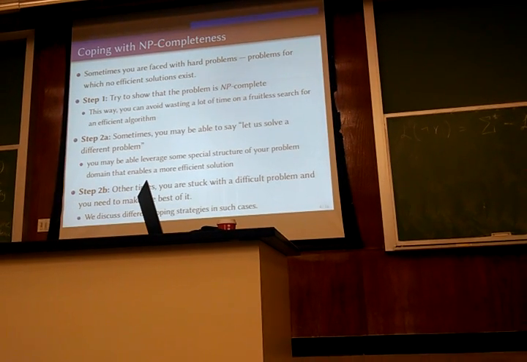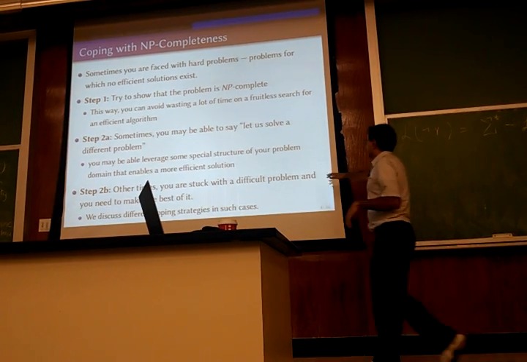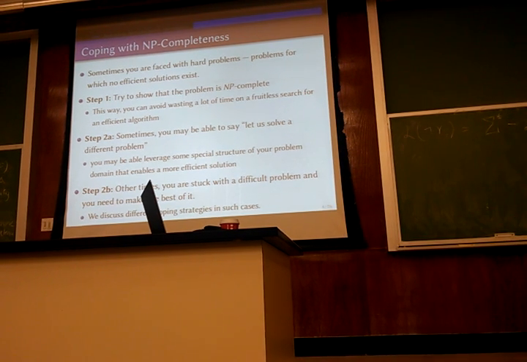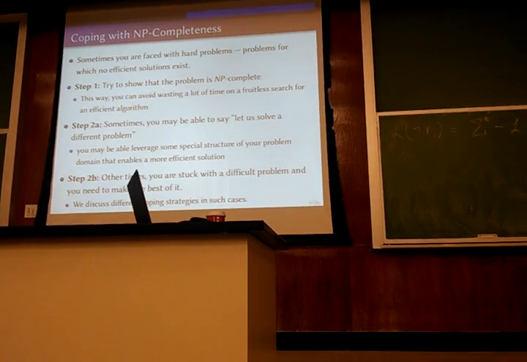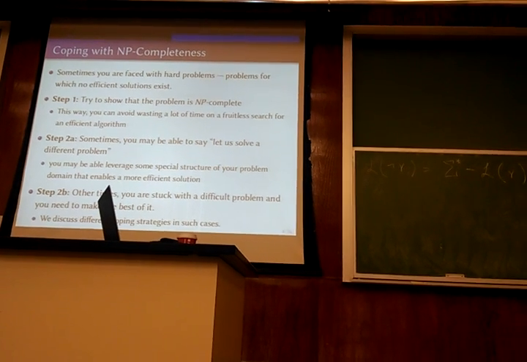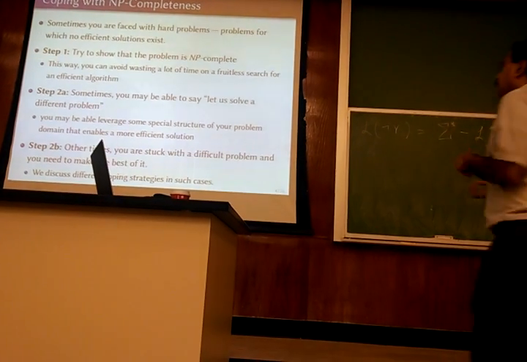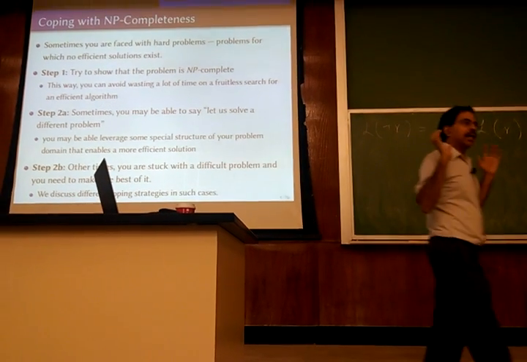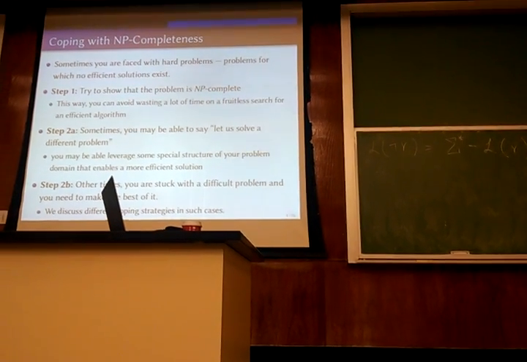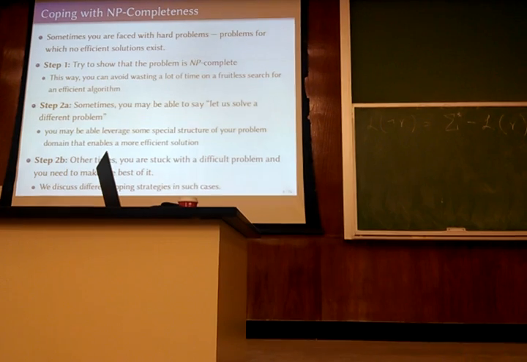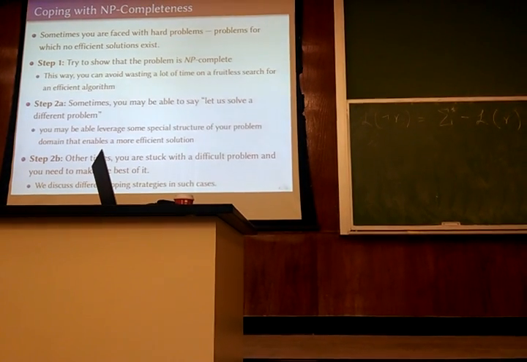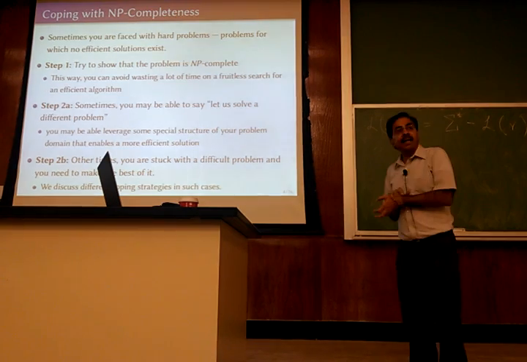Of course, even before you go to that step, you need to ask yourself, do I really need to solve this NP-complete problem, or can I change the problem in some way? Can I simplify the problem? Can I restrict the problem? By doing that, you may be able to find an efficient algorithm.